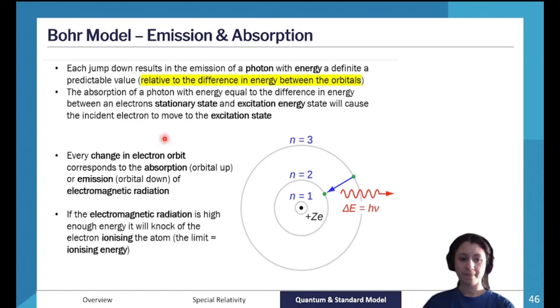So sometimes as well, an electron will absorb energy, say from a photon, and it will jump up an orbital state. The energy that it absorbs will be directly equal to how much it jumps up in the orbitals, right?